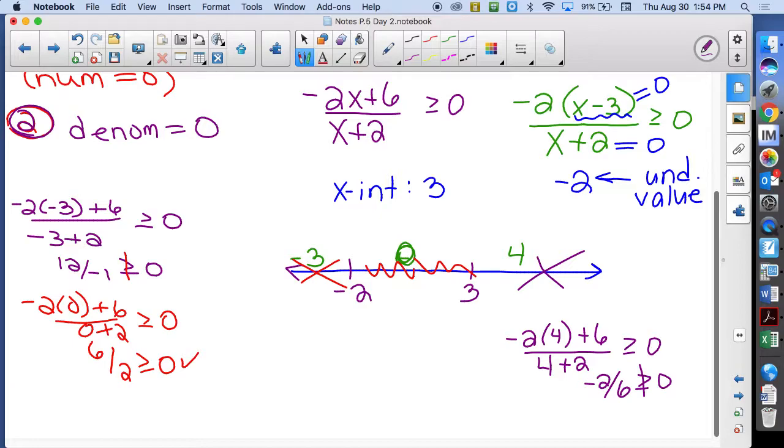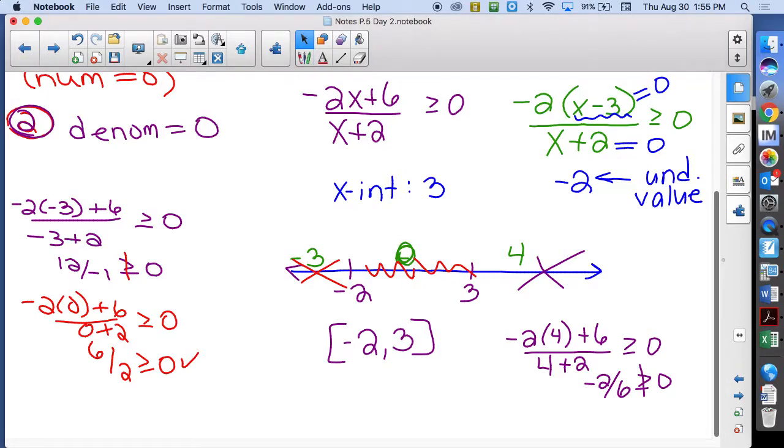Okay, so it looks something like this. So that's why we have that middle section right here. This middle section is greater than or equal to 0. That's why we're finding that to be the solution. So the solution would be from -2 to +3.